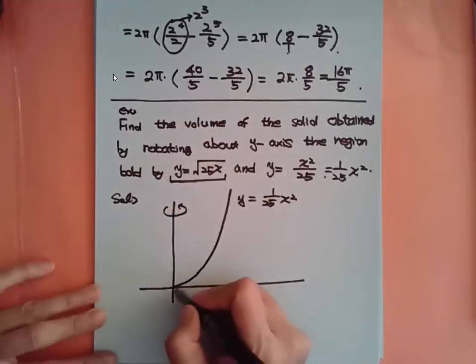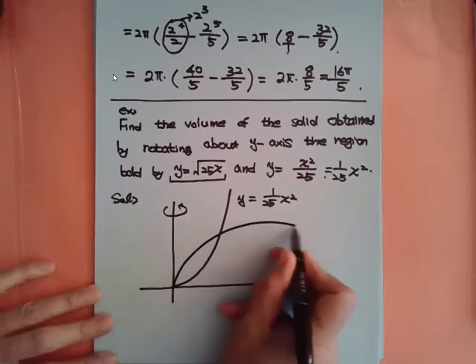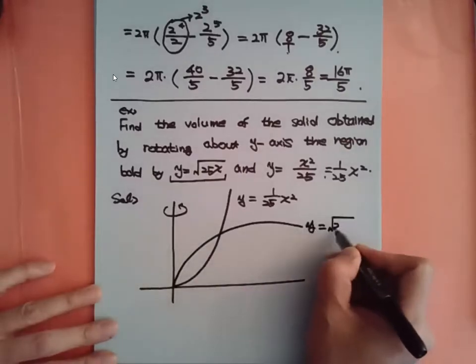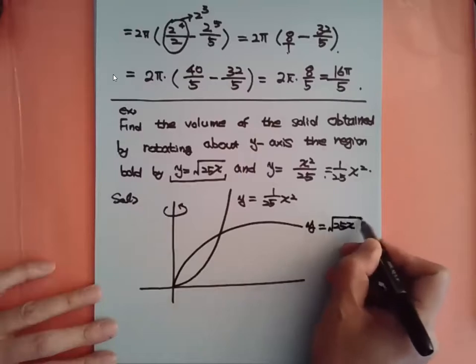Obviously, the graph should look like this. This is y equals square root of 25x.